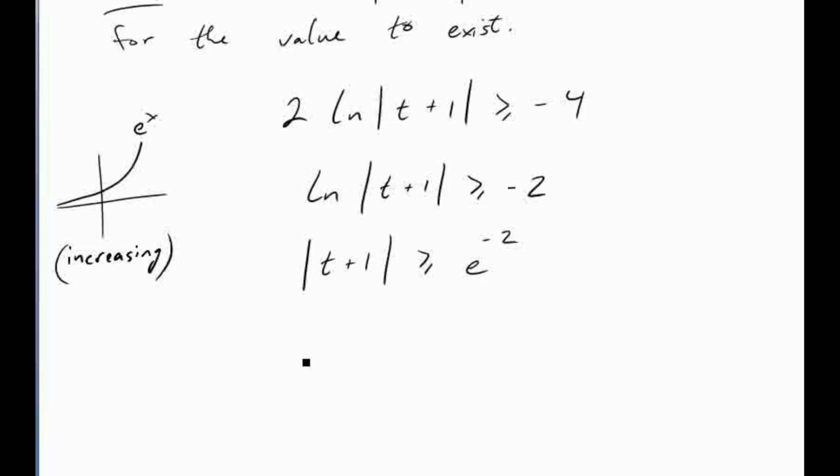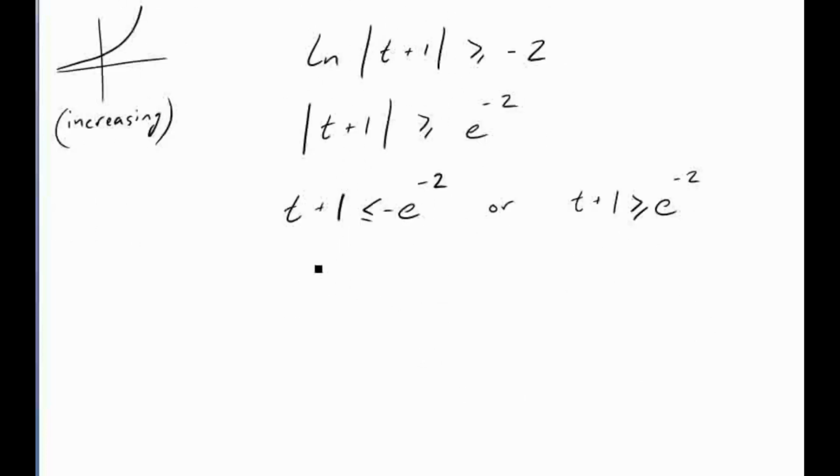Okay, and then what that means is that basically we need t + 1 to be either more negative than negative this, or more positive than positive that. So this is either less than or equal to negative e to the -2, or t + 1 is greater than or equal to e to the -2.